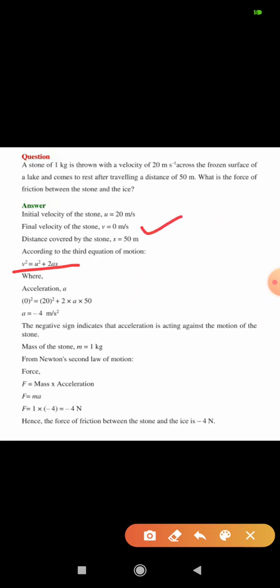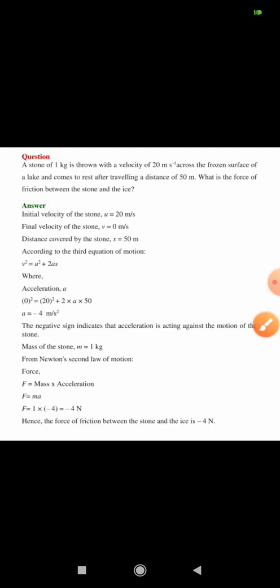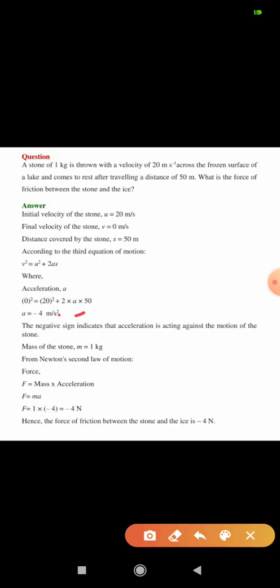V square is 0, we will place the value 0. u is 20, so we get 20 square, and 2as, where a we have to find, and s is already given as 50. Now after calculating, 0 will be 0, 20 square will be 400.